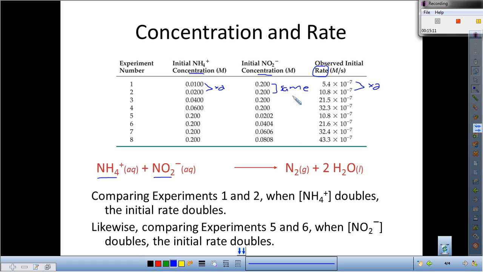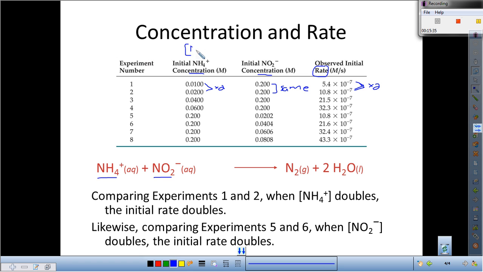So since doubling our concentration did the same thing to our rate, it doubled, that means this reactant has an order of 1. It's a first order reactant.